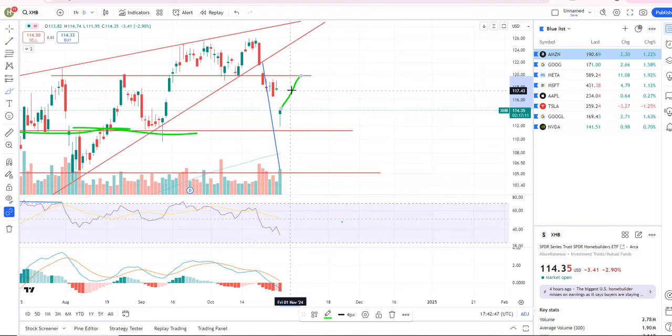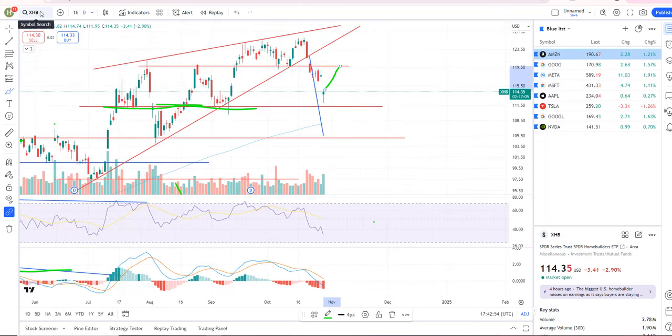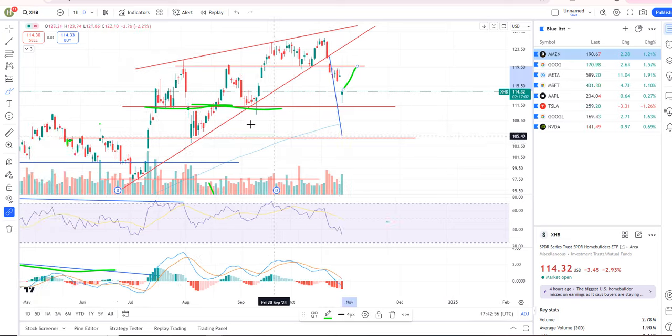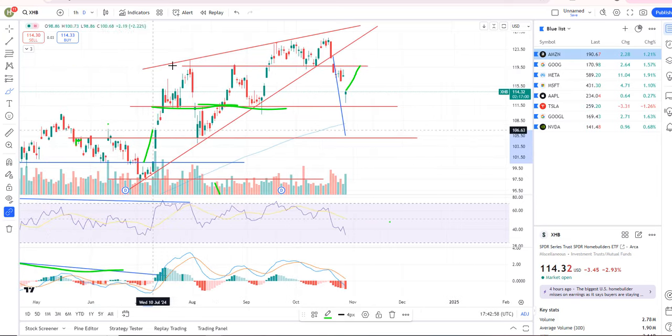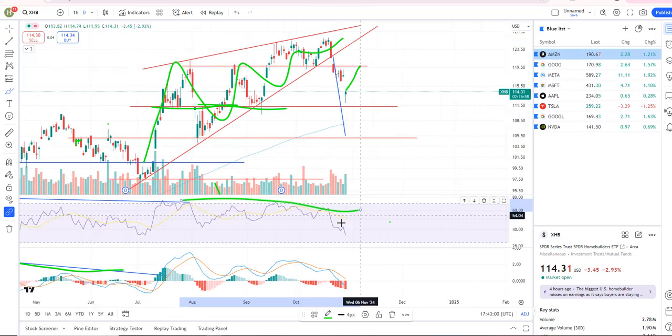Who knows how far? At least probably a gap fill. Could rally for a little bit before the next move lower on home builders. And again, the major target of this bearish rising wedge here with negative divergence is down here at 105.30. So I do believe there's more downside, but probably a bounce first.